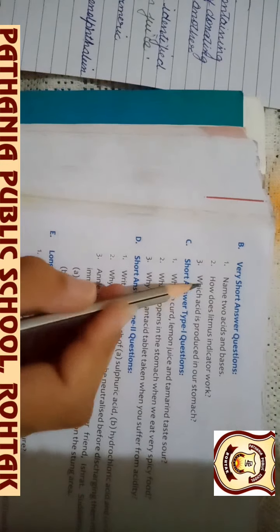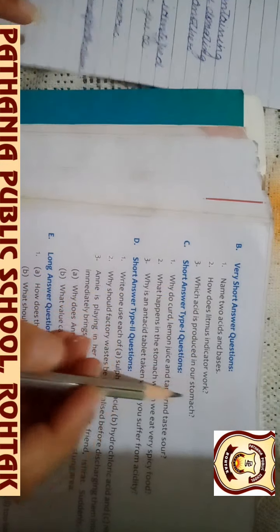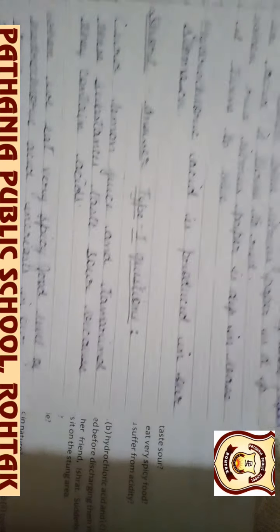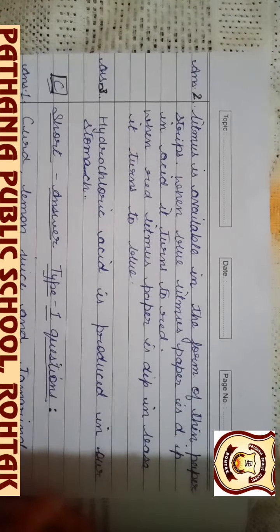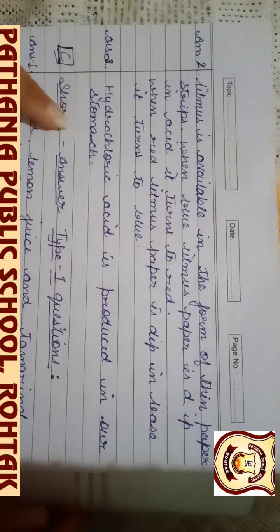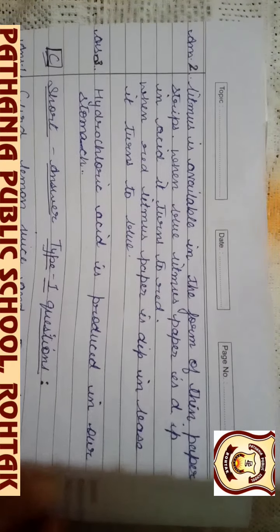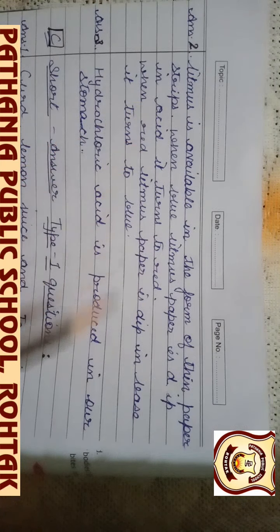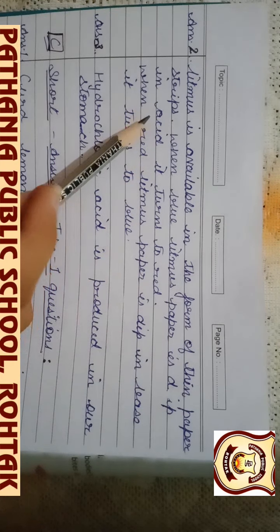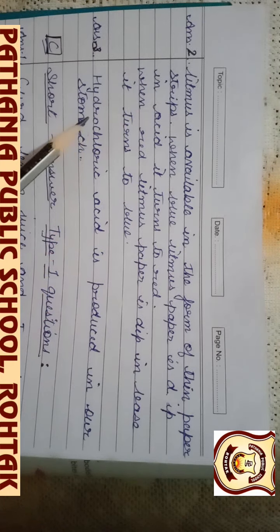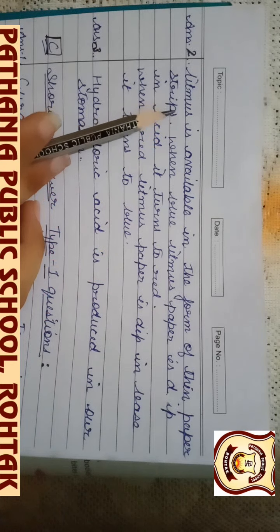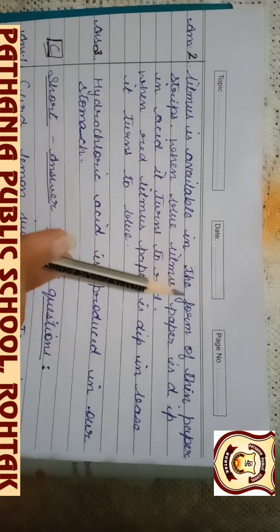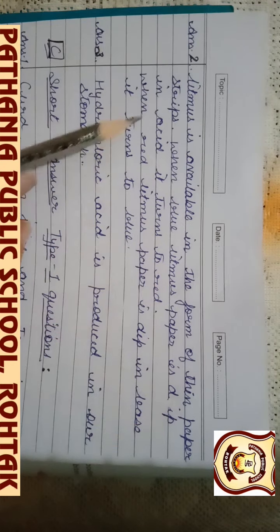Next question is, how does litmus indicator work? You can write it with the example of solution also, and you can write with the example of paper also. All the results are the same, beta. I have done it with the thin paper that is very easily available in our laboratories. Litmus is available in the form of thin paper strips.